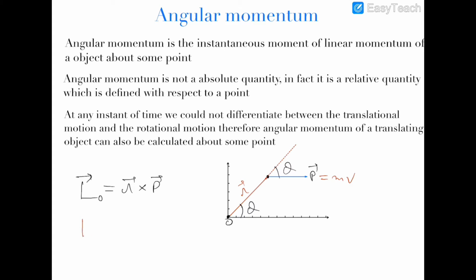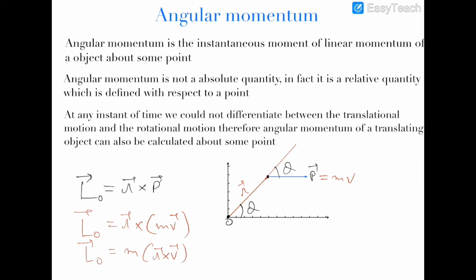So you can also write L_O is equal to r cross mv, and as m is a constant quantity, it can be taken out, so it is m times r cross v. So this is the angular momentum. Angular momentum is basically the moment of linear momentum of some body about some point. This is the first definition of angular momentum.